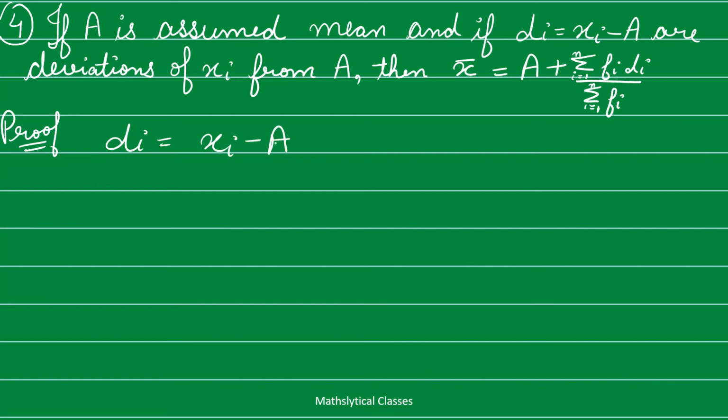So what we will do, we will multiply both sides with fi. Let's first write xi equal to di plus a. Multiply by fi both sides.